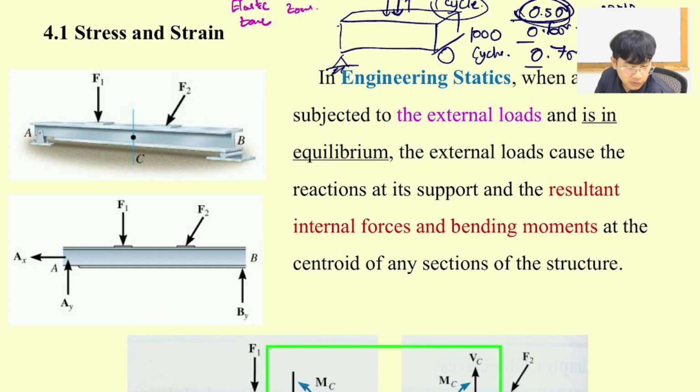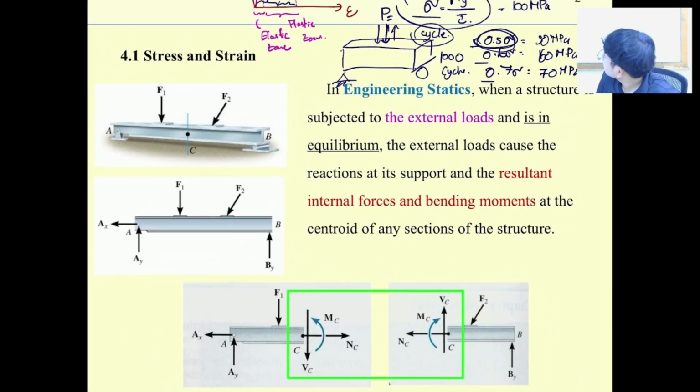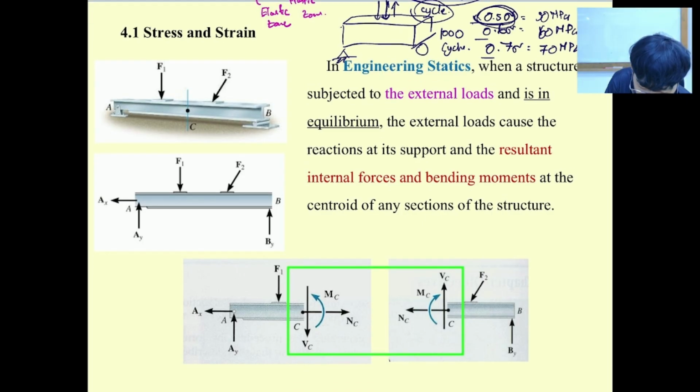Okay, next we're going to talk about the stress strain theory. If we look at here, you can see that we have a beam over here. If I would like to remove this, this is too complicated. Remove this one.